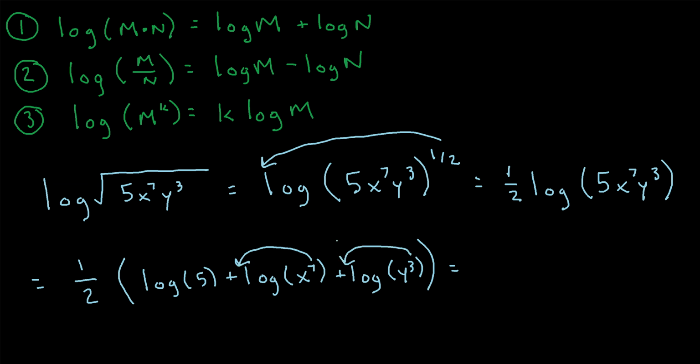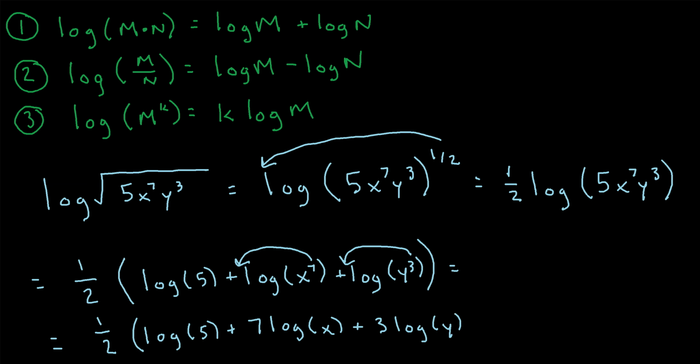We'll just throw them out front. So our final answer is going to be 1/2 times log of 5 plus 7 times log of x plus 3 times log of y. And this whole expression is our final answer.